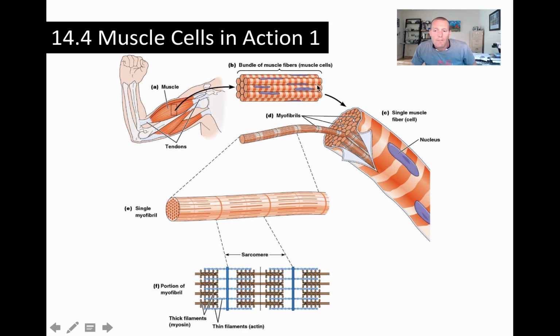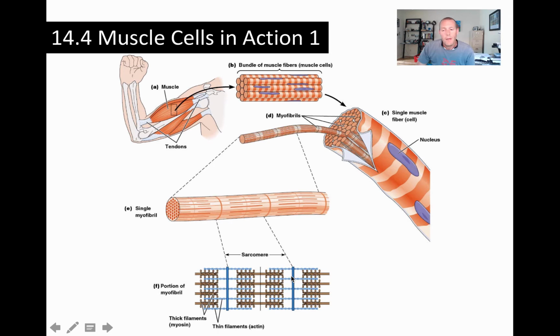And if we take one of these fibers, one of these cells here, so this is a cell, here's a nucleus, what we see is that there are numerous myofibrils. So here is the next unit if we go to the next scale down. There's a myofibril, and then each myofibril is divided up into structural units called sarcomeres.